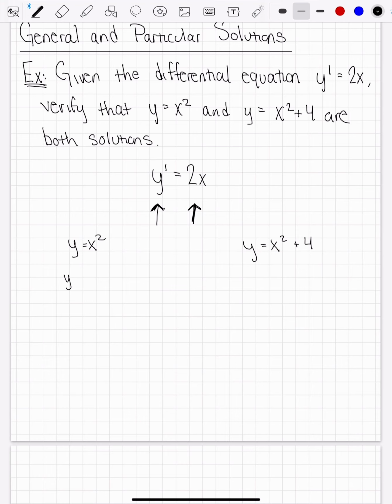And in fact, the derivative of x squared is 2x, and the derivative of x squared plus 4 is also 2x, because the derivative of 4 is just 0. So they are both solutions.